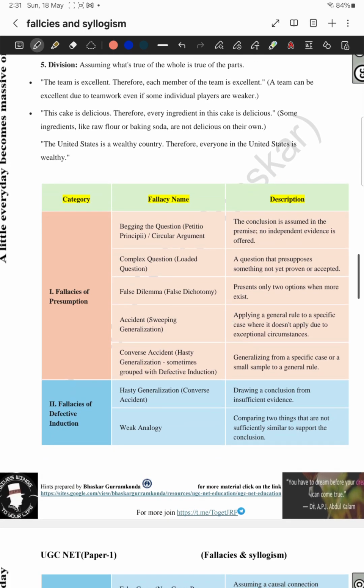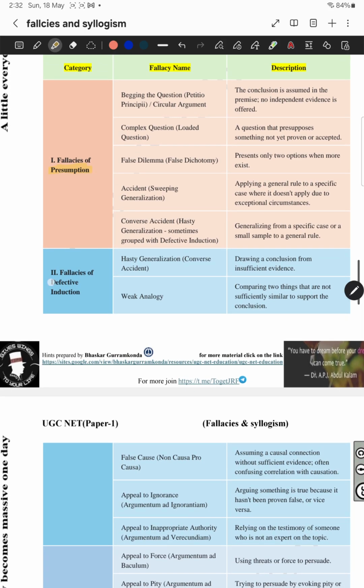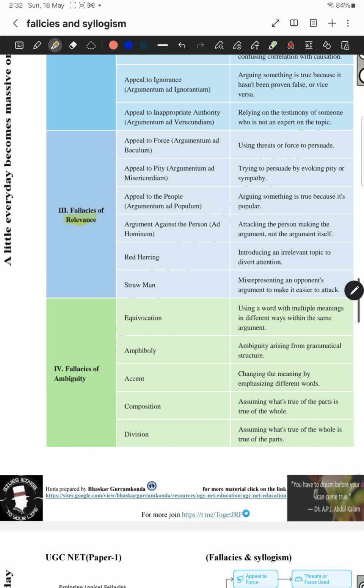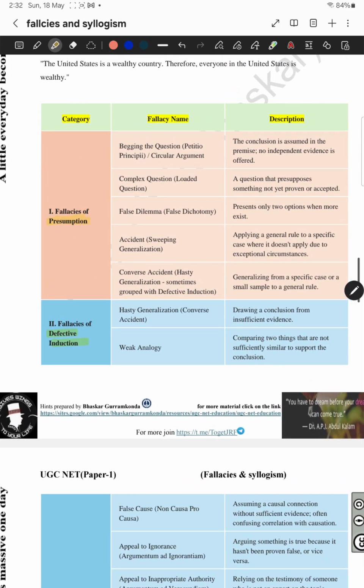So the informal fallacies are basically classified into four types. One is fallacy of presumption, fallacy of defective induction, fallacy of relevance, and fallacy of ambiguity. So let us see first the fallacy of presumption.